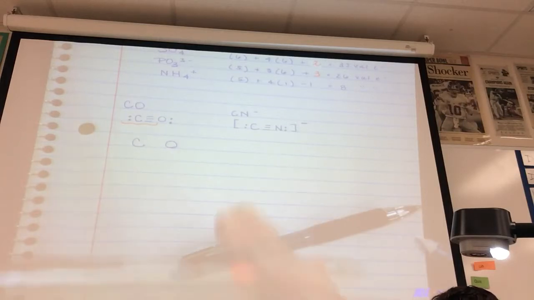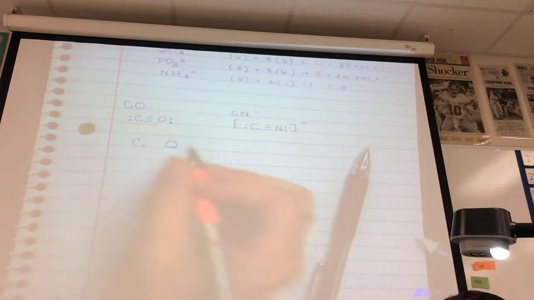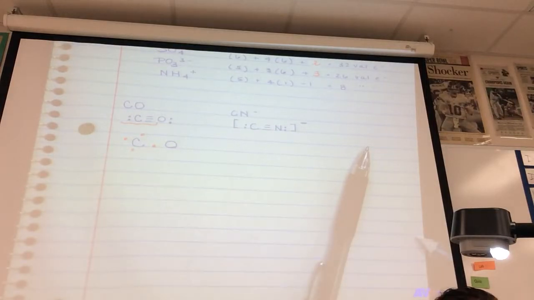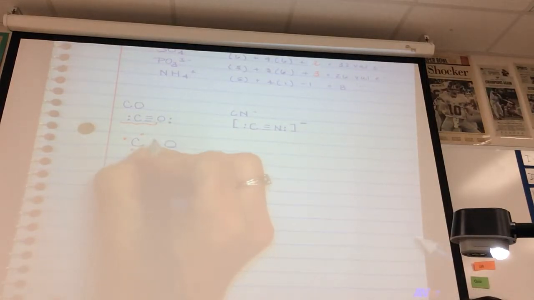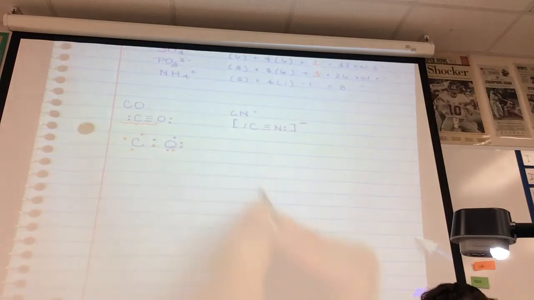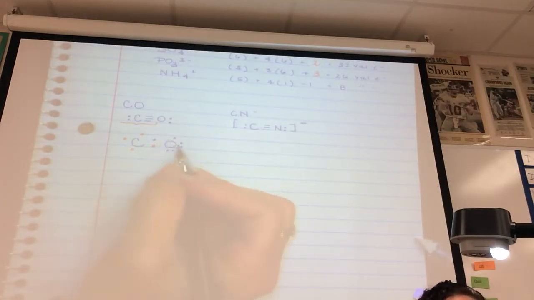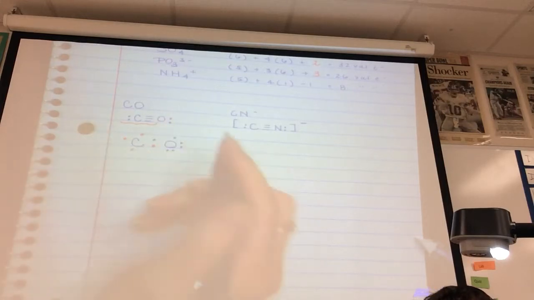Okay, so when you're drawing it, if you go back to the way you initially learned, you have 1, 2, 3, 4 for carbon. 1, 2, 3, 4, 5, 6 for oxygen, correct? Lone electrons make friends and they move between atoms where they can accommodate a shared pair.